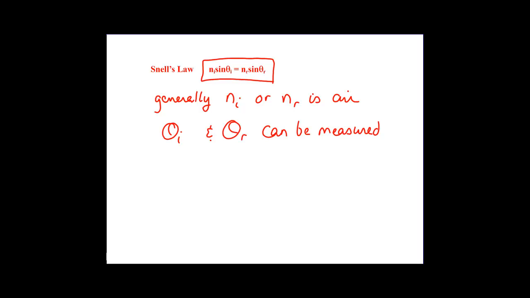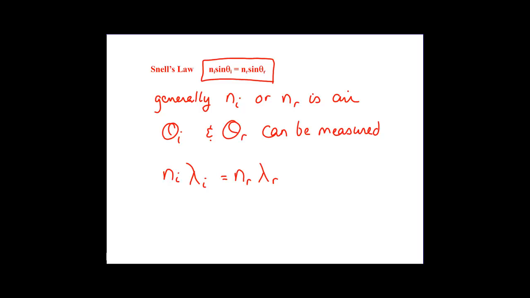rays. There are two other forms of Snell's law that you might find useful to know, and they deal with wavelength and they deal with speed of light in various media. So one version of Snell's law that looks at wavelength is this one: index of refraction of my incident medium times the wavelength of light in my incident medium equals the index of refraction of my refracting medium, that which is bending the light, times the wavelength of light in my refracting medium.